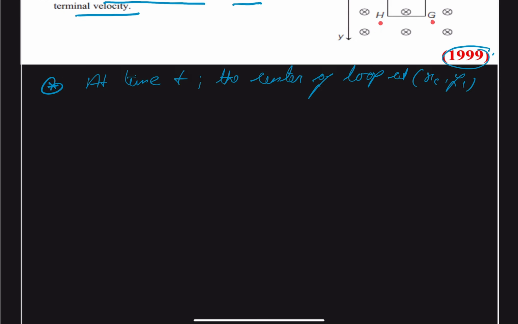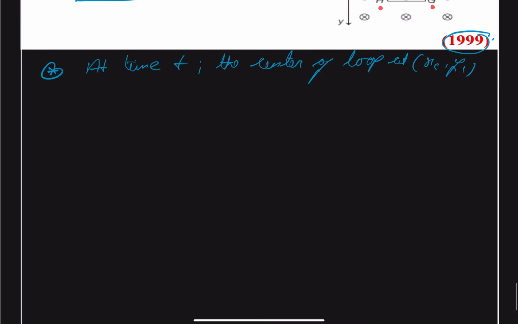So therefore, we can write that the vertices: the first vertex is our E. So we can write E as xc minus a by 2, yc minus a by 2.